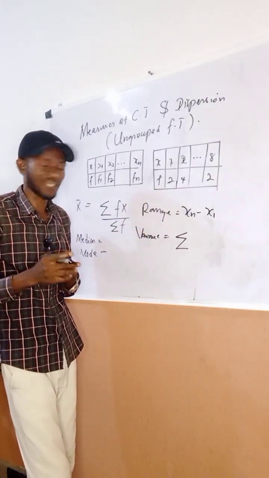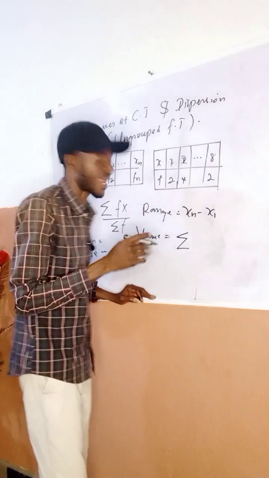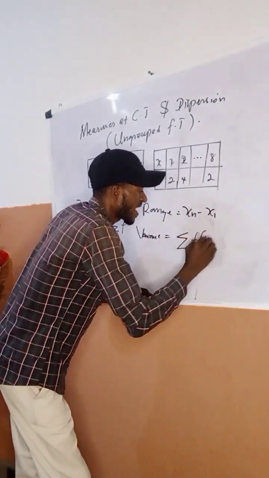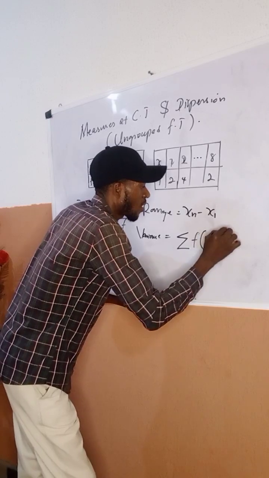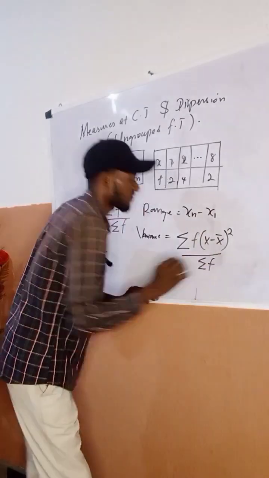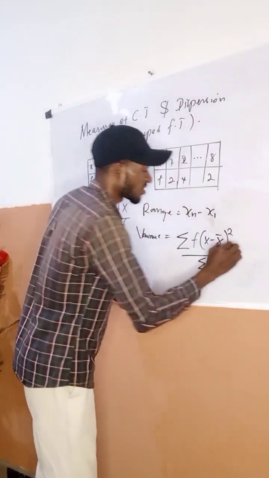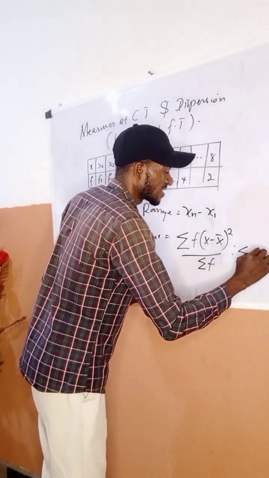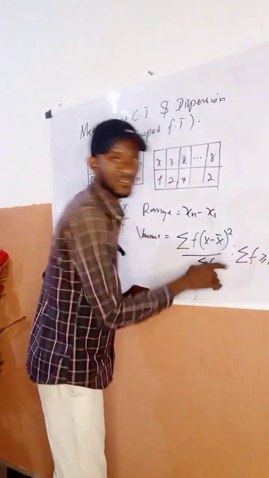So the variance is the summation of f into x minus x bar, all squared, all over the summation of f. And this condition holds when the summation of f is greater than or equal to 30.